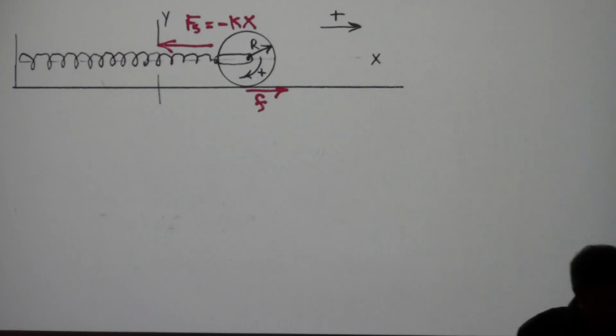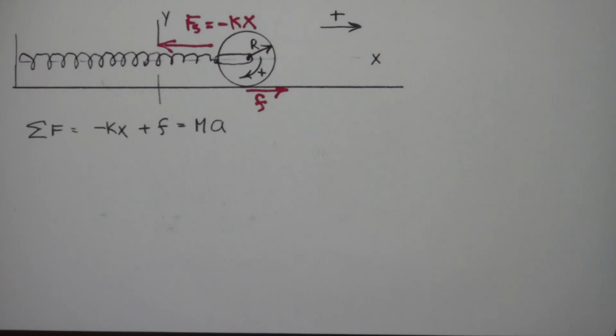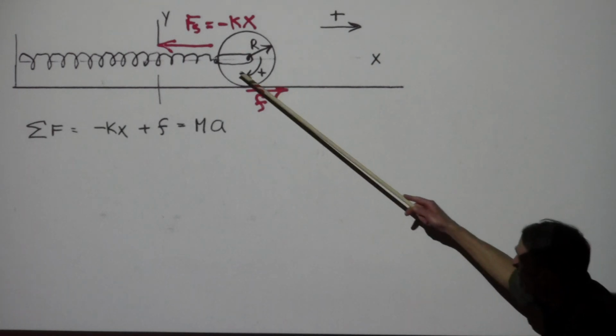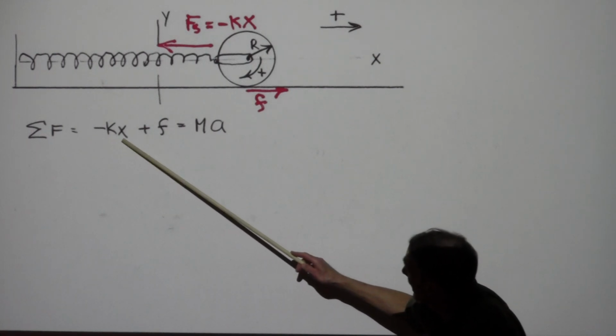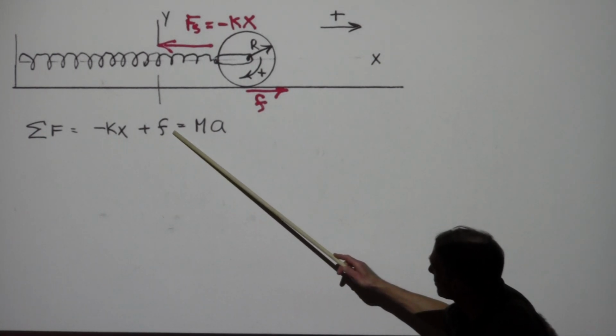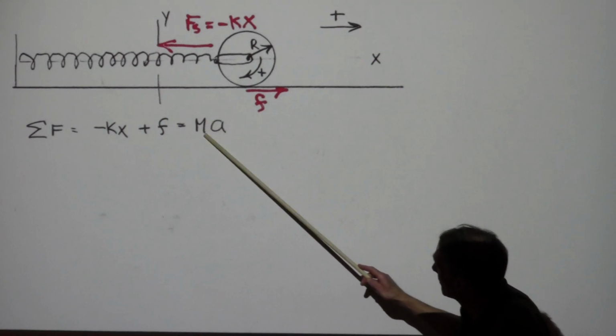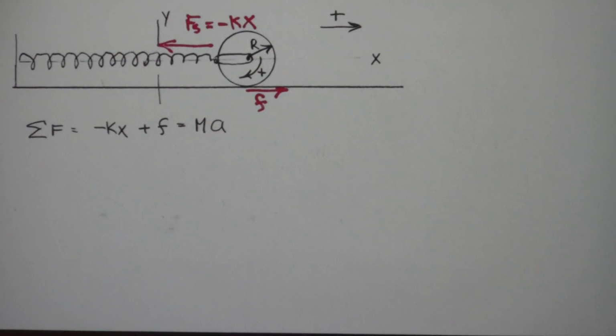Now, I'll have more to say here, but we've got two forces acting. F equals ma. That's going to be minus kx, and friction is going to be in the plus direction, and that should be equal to the mass times the acceleration.